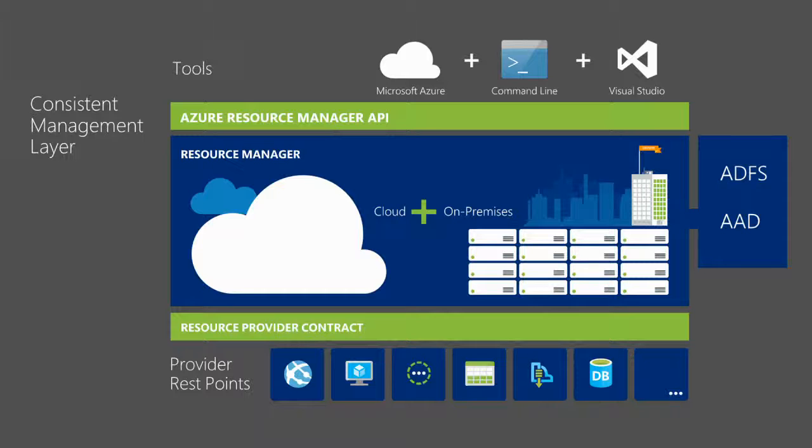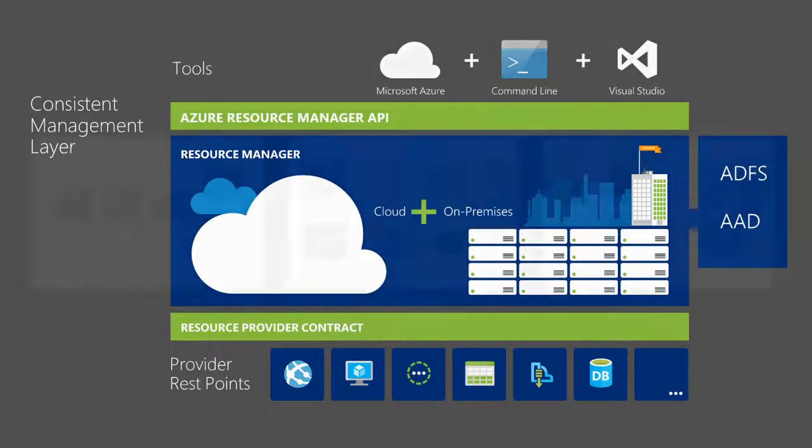Now we authenticate and authorize these requests using JSON Web Tokens, or JWTs. These are provided by Azure Active Directory or ADFS. We then take these requests and route them to all of the services that you guys know and hopefully love. Websites, databases, virtual machines, virtual networks, storage, so on and so forth.